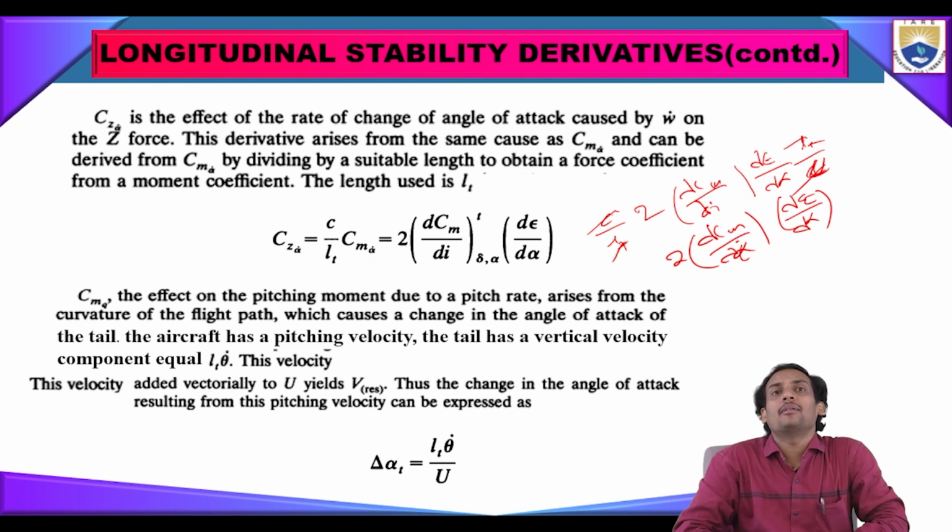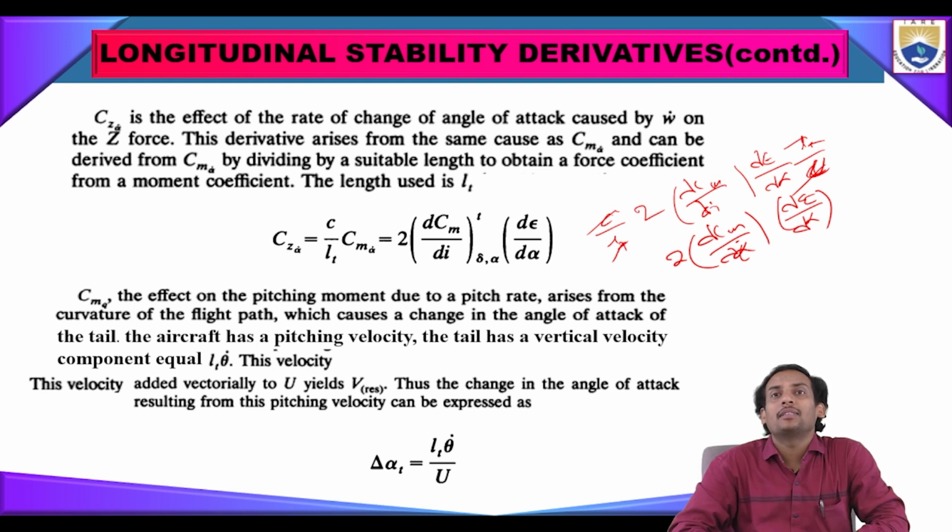So here Cm alpha dot will be the effect of rate of change, the pitching moment change with respect to that rate of change. This is from the curvature of the flight path, which causes the angle of attack of the tail.